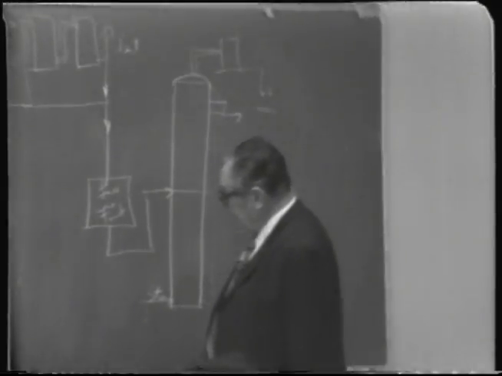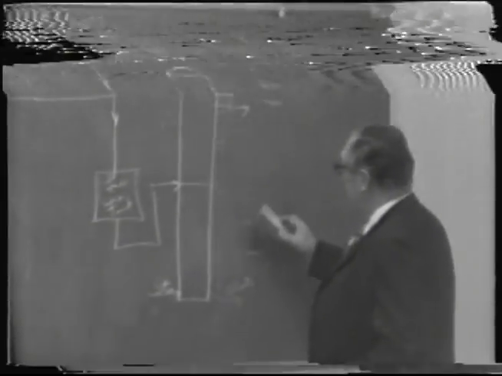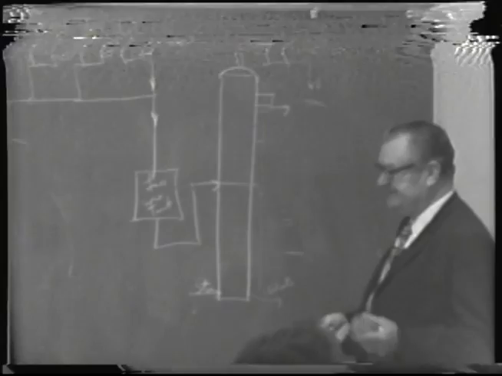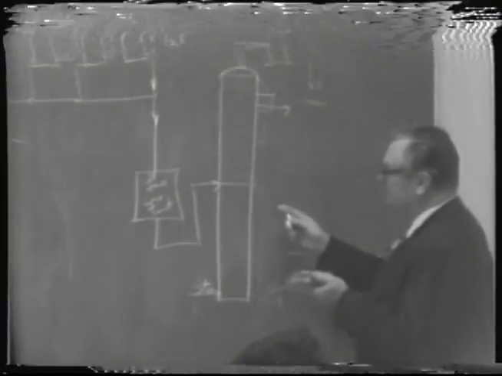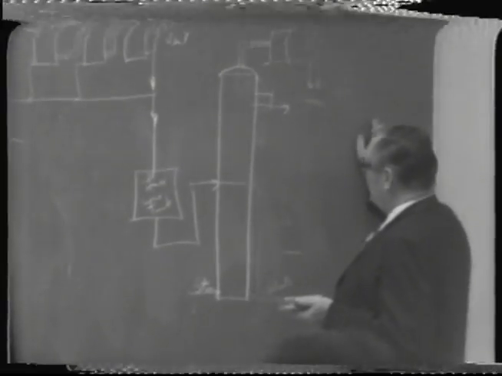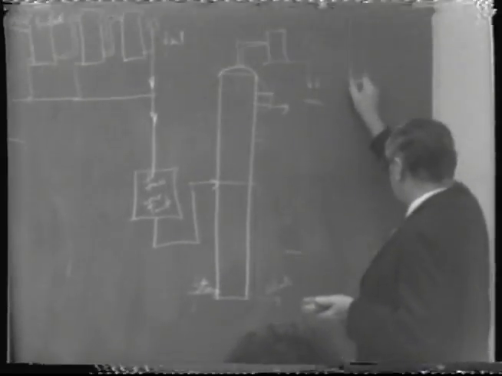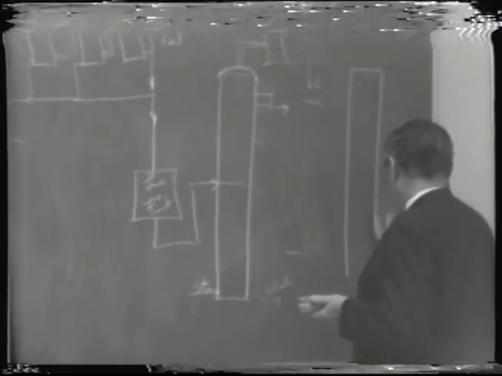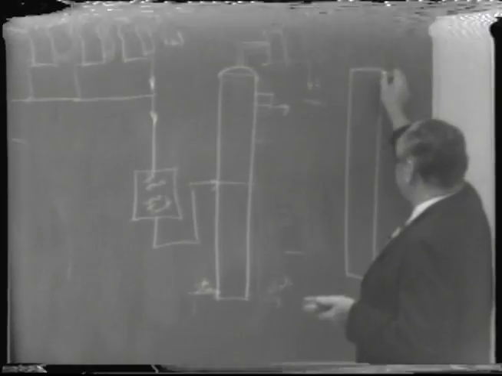Another arrangement would be to use this column here. I hesitate to draw a lot of diagrams now, but it would be to have a third column here, utilizing the middle one in a different way.